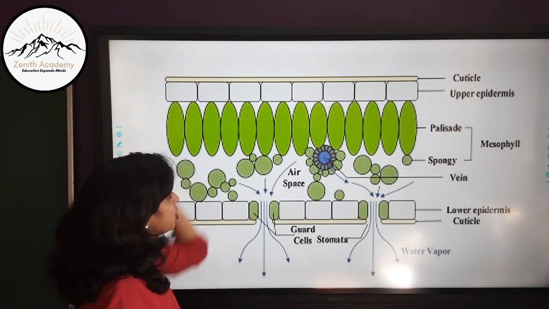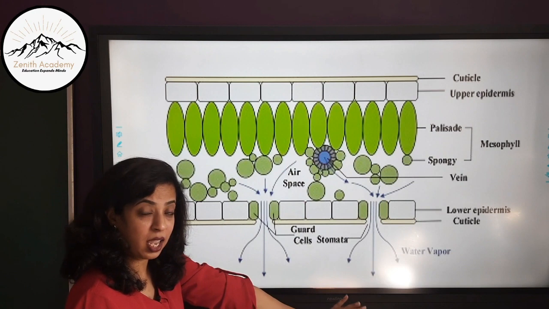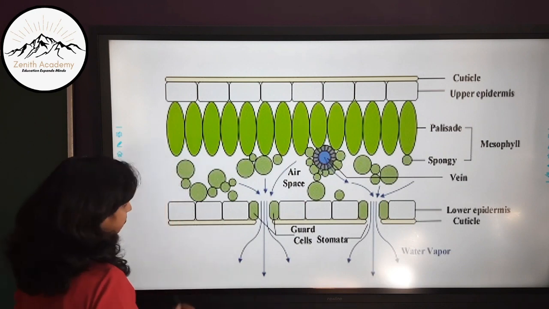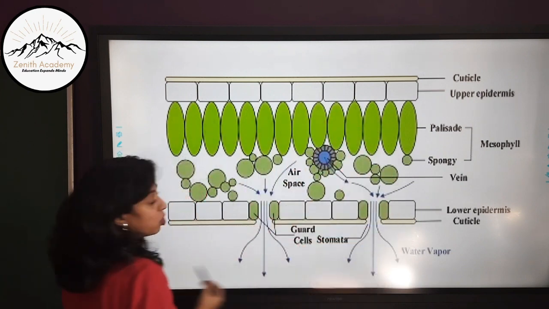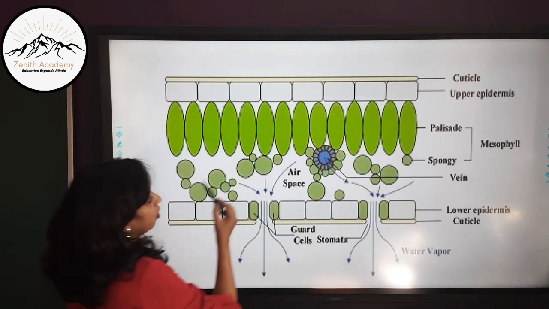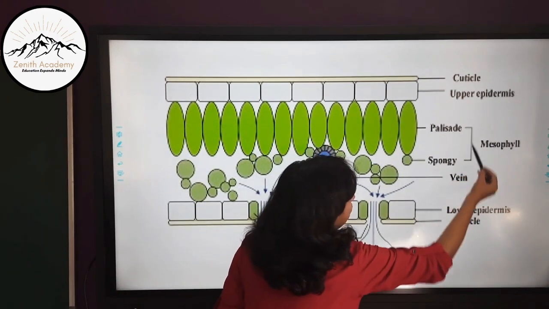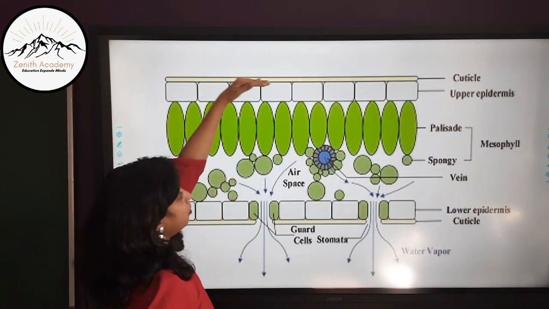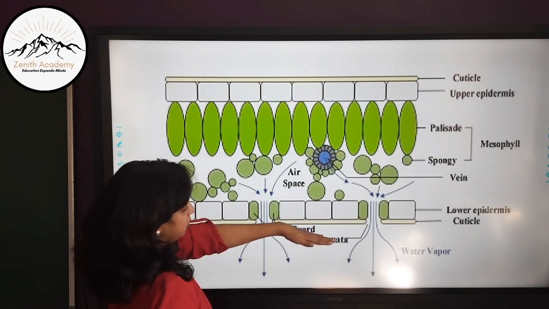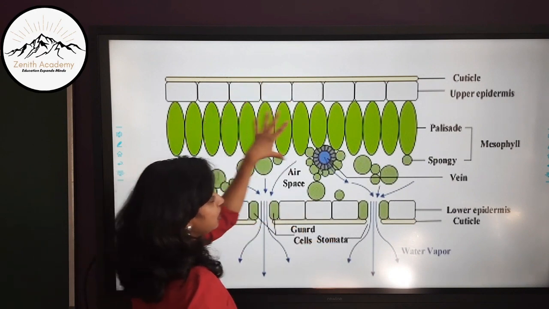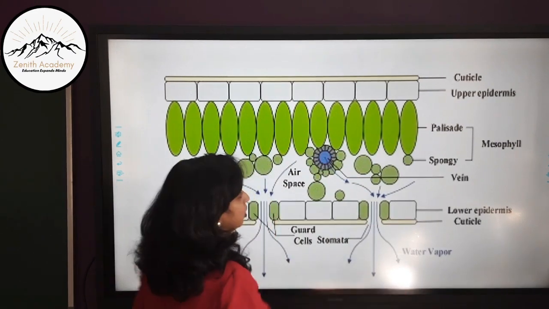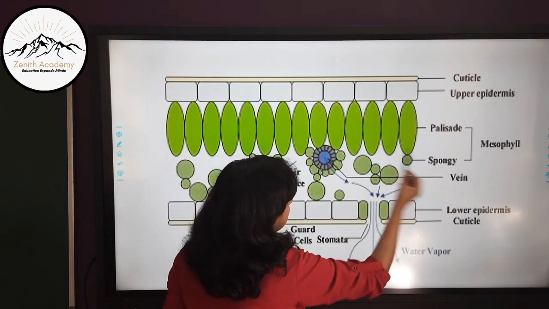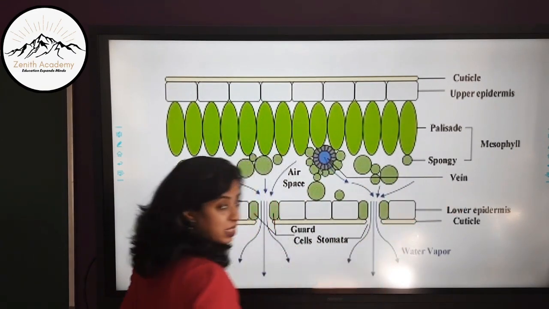So, I will repeat this stomatal transpiration once again. Listen to me very carefully. This is a cross section of a leaf tissue. The mesophyll cells are very important here. After the cuticle and the epidermis, see cuticle and the lower epidermis, there are certain mesophyll cells. These are palisade mesophyll cells and these are spongy mesophyll cells.